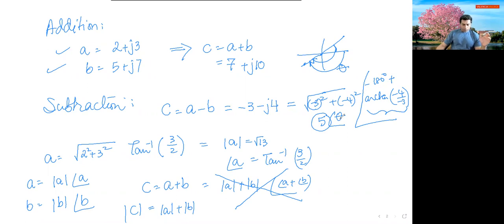Now, again, if your calculator can perform the job for you, you don't need to convert anything. If it can convert from polar to rectangular and rectangular to polar, then it will automatically take care of the angle. But I'm just telling you, in case you're using a basic calculator and you're using the tangent inverse function, then be careful about that. Just look at where the number is located and look at the angle of your final result.